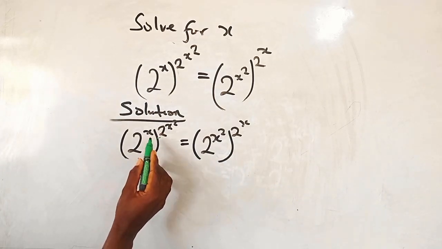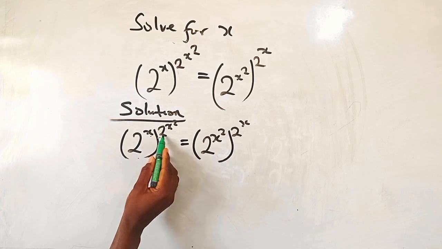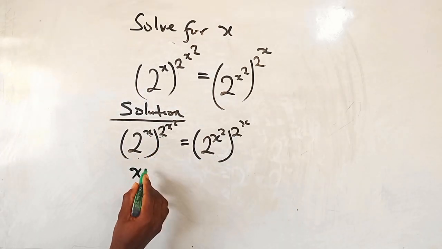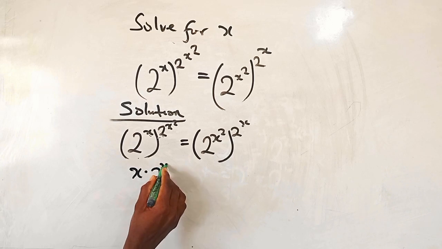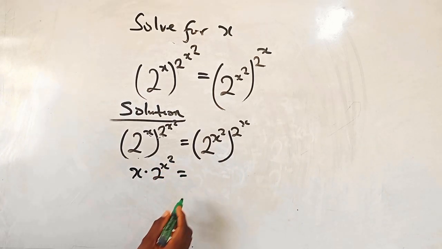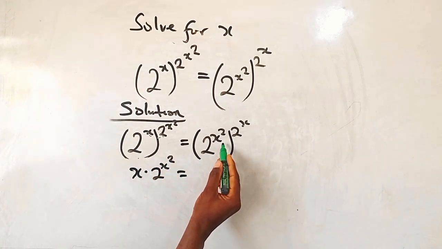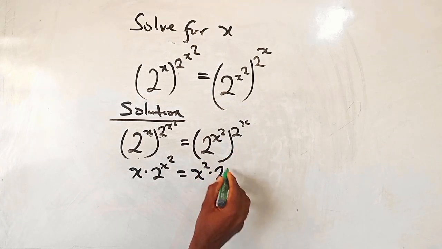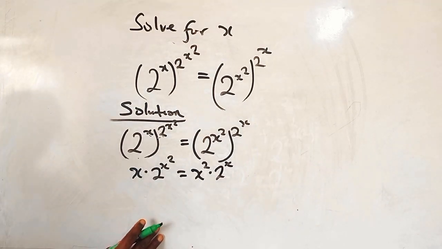We multiply this exponent with this exponent. So here we have x times 2 raised to power s squared. For the right side, we look at the exponent as well, we multiply it, we have s squared times 2 raised to power x.